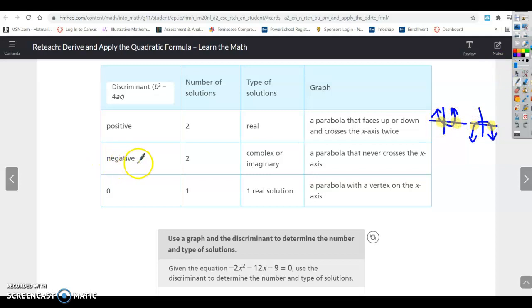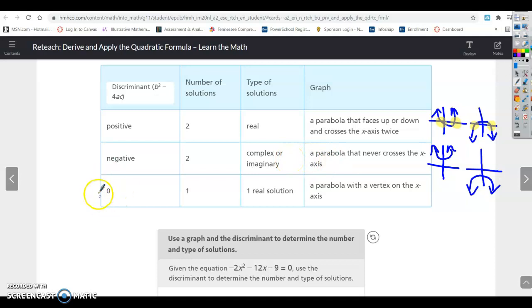Alright, if the discriminant is negative, that means you have two complex or imaginary solutions, and that means your parabola does not intersect with the x-axis. So there are no real solutions in that case.